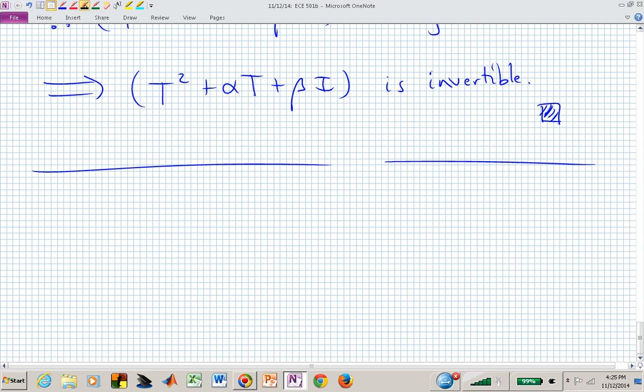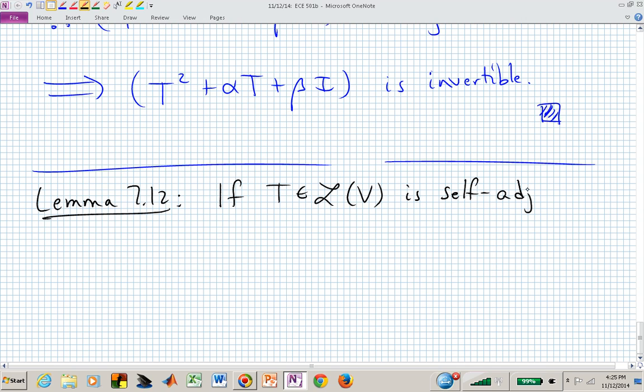Lemma 7.12. Again, assume T is a linear operator that's self-adjoint. Then T has an eigenvalue.